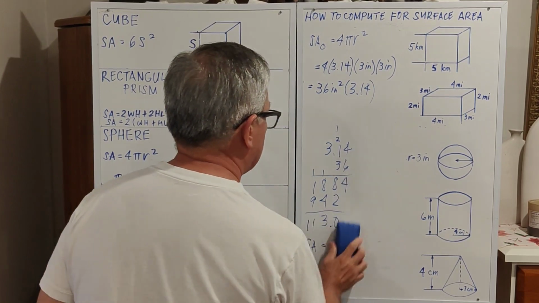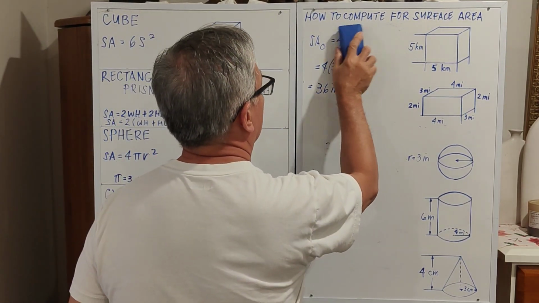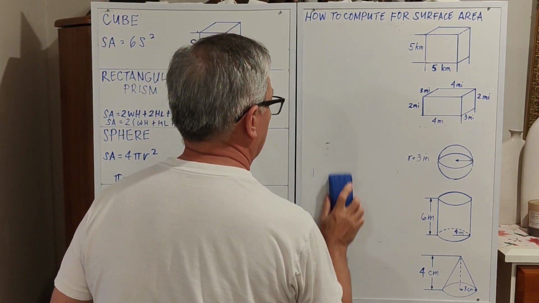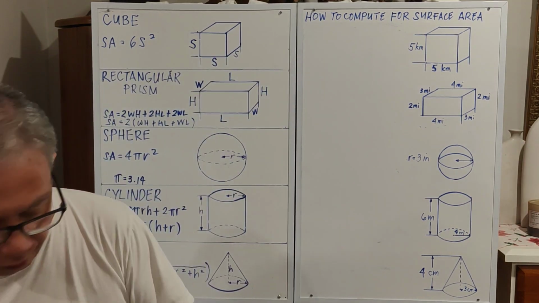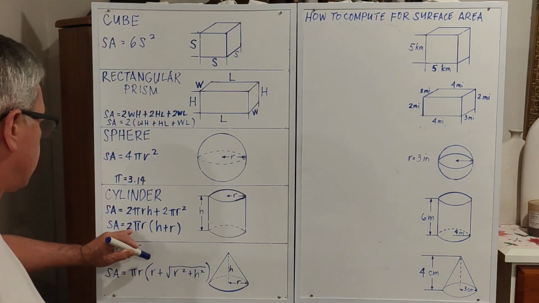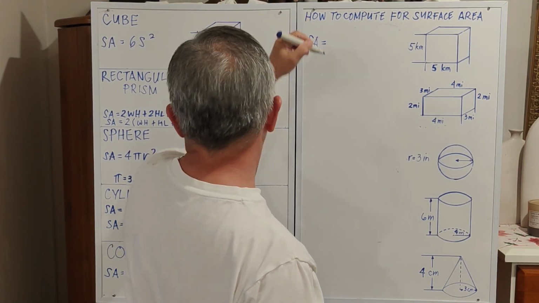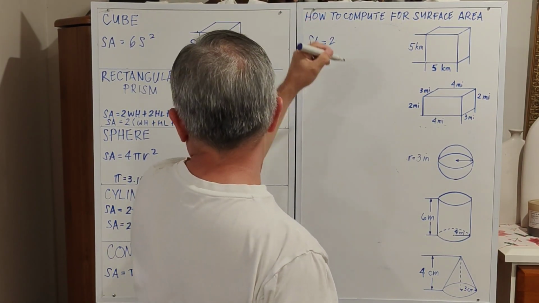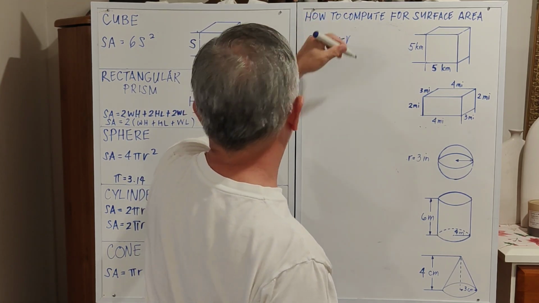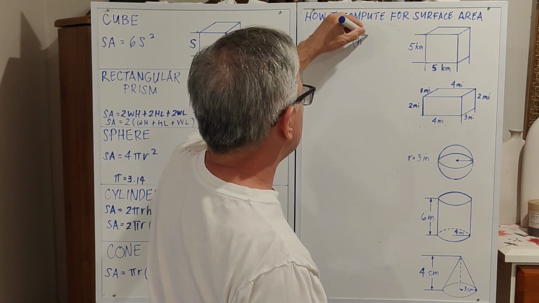We now go to the cylinder. For the formula for the cylinder, we just use the easier formula. Surface area is equal to 2 pi r times h plus r.